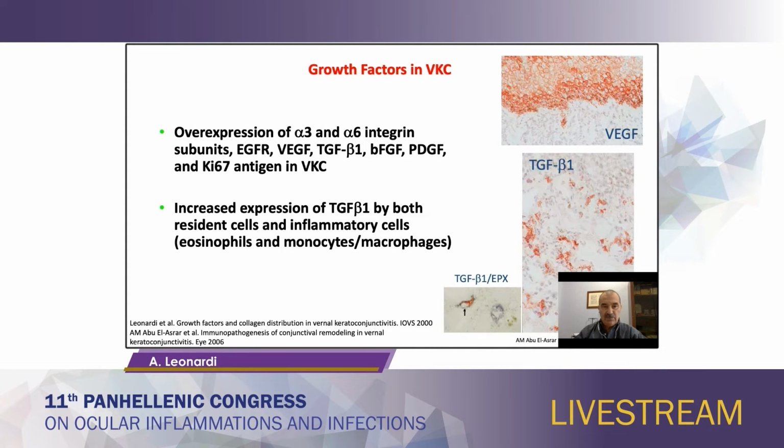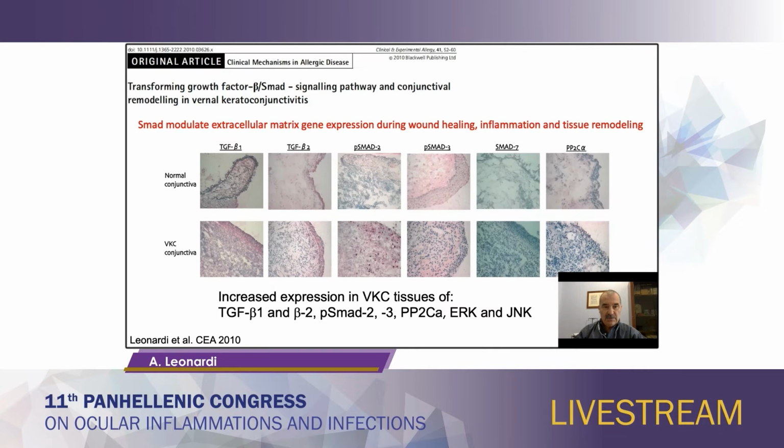Several of these growth factors are overproduced, in particular TGF-beta1, which is highly expressed by inflammatory cells, in particular eosinophils and monocytes and macrophages. We have shown that not only TGF-beta1, but also TGF-beta2 and the whole cascade of SMAD intracellular signaling pathway are overexpressed in VKC, showing that the whole cascade of events involved in inflammation and tissue remodeling are present in this disease.